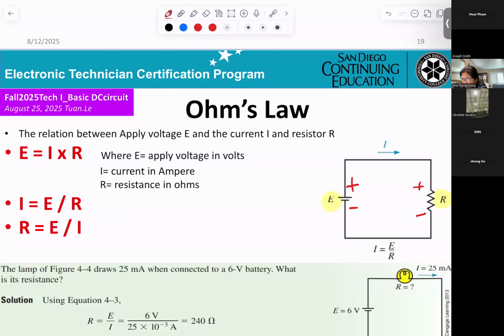If you want to calculate the voltage E, then E equals I times R. If you want I, E divided by R. R equals E divided by I. In this formula, E will be in volts, I current in amperes, R resistance in ohms.